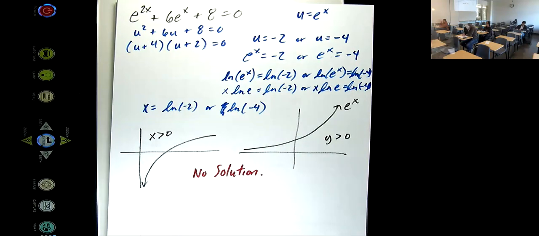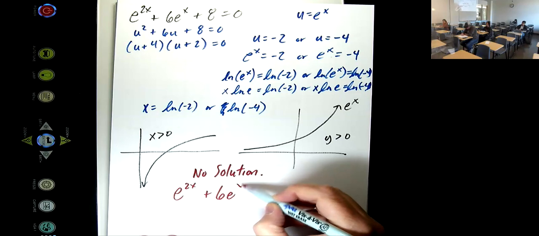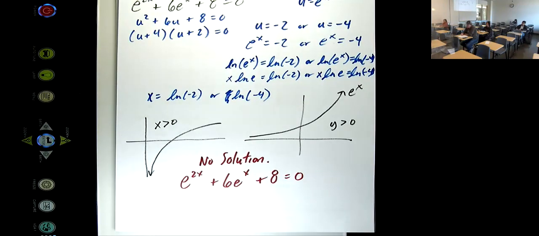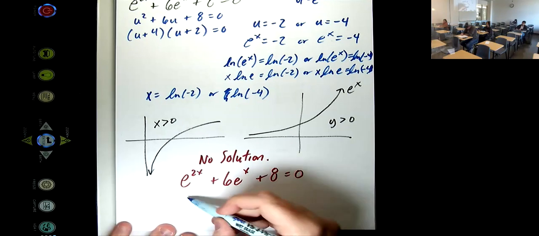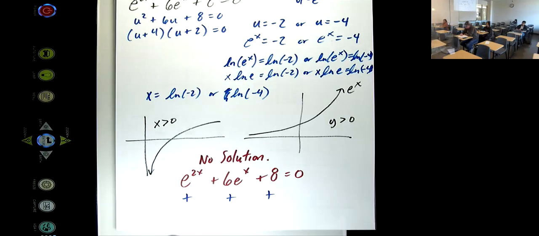That was tricky. In fact, I wouldn't expect anyone to notice it because I didn't think about it when I was looking at it. If you look at the original function that we were trying to solve, this is always positive, this is always positive, and this is always positive.